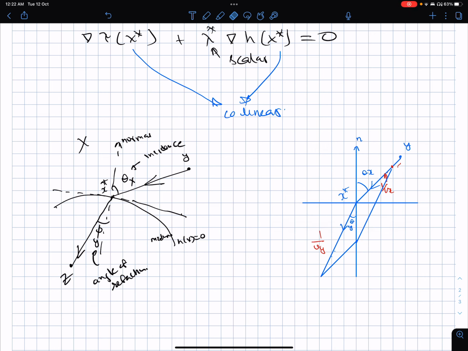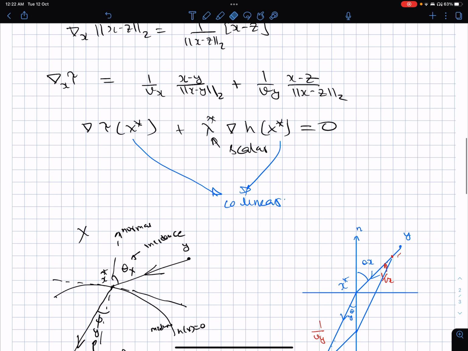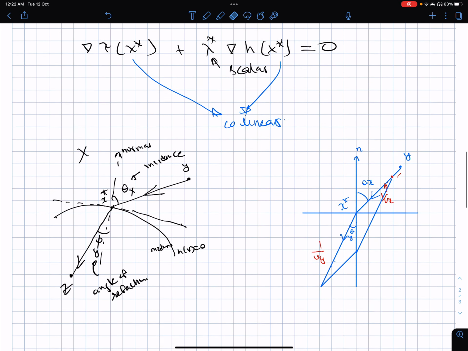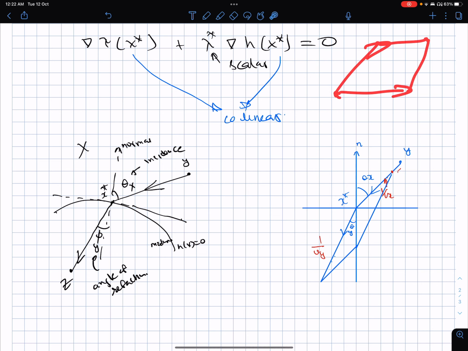I complete this parallelogram, and this is the diagonal that we need to consider when we add two vectors in the parallelogram law, and we take this as the resultant. So here we have one vector here, another vector here, and we complete the parallelogram.